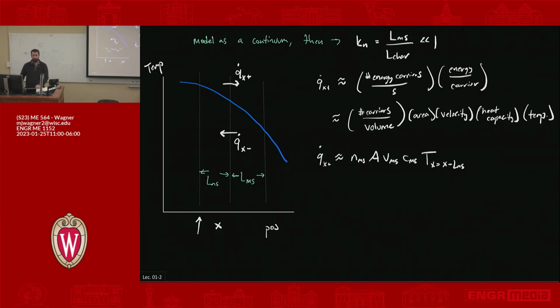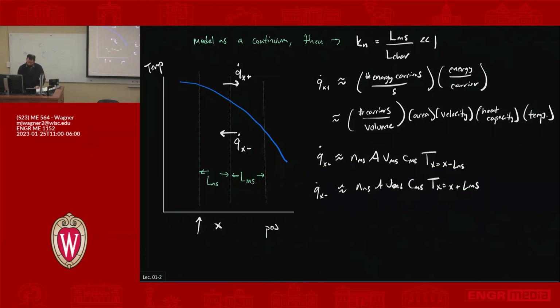So that's q̇x plus. We can do the same thing writing for q̇x minus. The only difference is that the energy being carried across this boundary is coming from interactions here on the right-hand side. So q̇x minus is approximately equal to n_ms A v_ms c_ms T at x equals x plus L_ms.